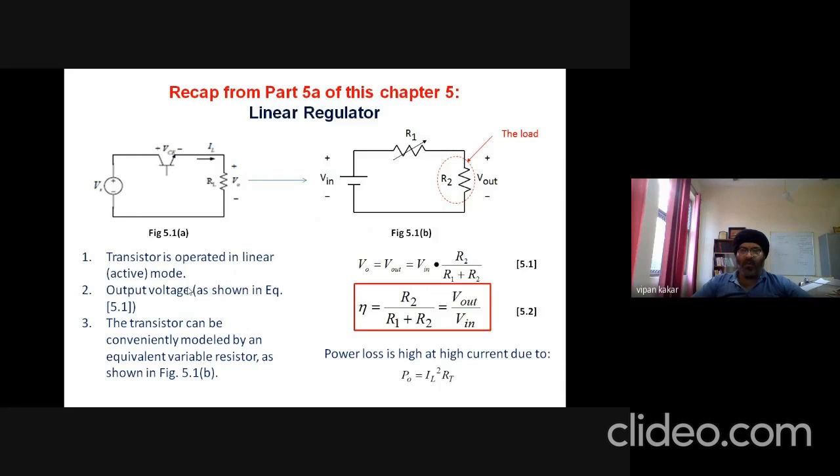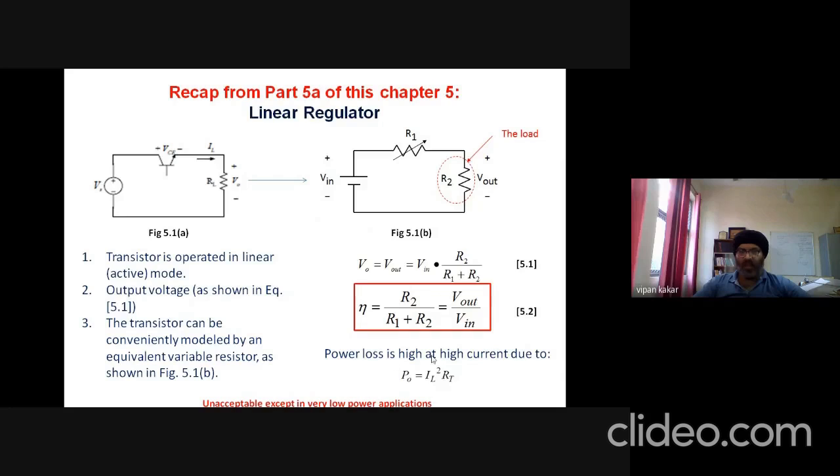Now, the main problem associated with this regulator is that the transistor operates in linear mode. That's why we call it a linear regulator. So what's the problem associated with this particular circuit?